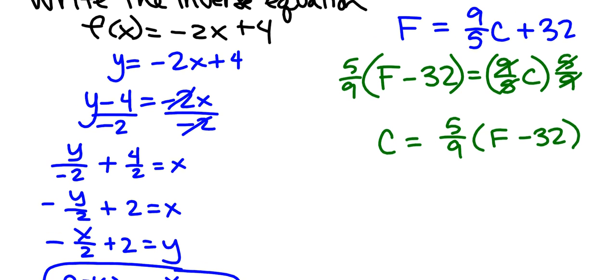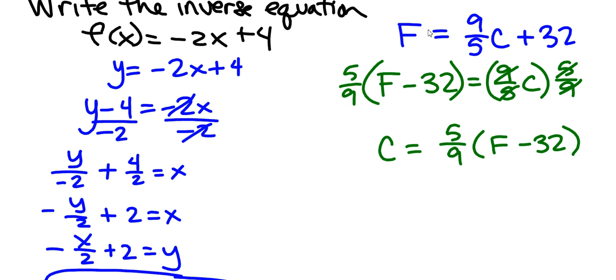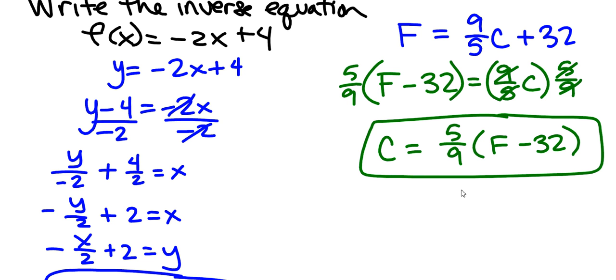Now, if we're working with something as an application where we have like Fahrenheit and Celsius, we don't want to switch our variables because that would change the meaning of it all. So we're solving for the other variable, and this would actually be our inverse model of the temperature, converting temperature. So we had f by itself, and the inverse is just solving for the other variable, okay? So only when it's just a generic f of x or g of x do we switch the variables.